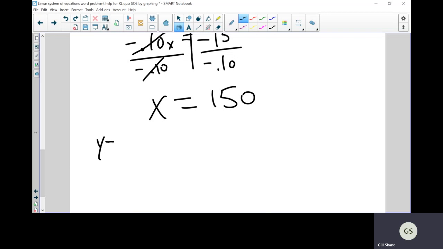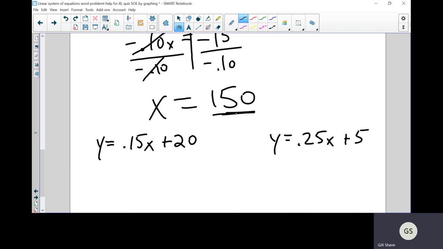So y equals 0.15x plus 20 is Edwin, and then y equals 0.25x plus 5 is Selena. And I think at 150 is where they're going to be the same amount. So let's plug that in. We would plug in 150 for x, so 0.15 times 150 plus 20, and then over here on the right, 0.25 times 150 plus 5.